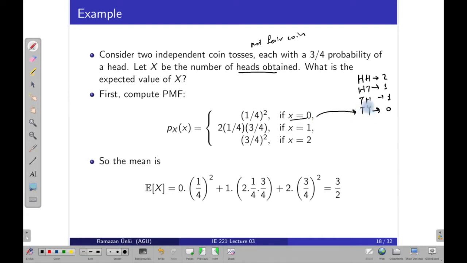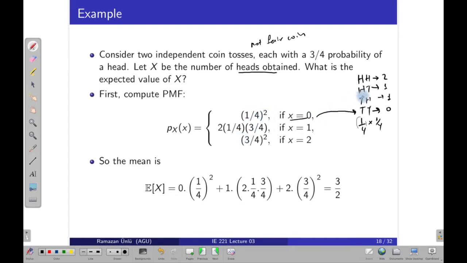And the probability of this subset is simply 1/4 times 1/4, right? This is the probability of getting tails for the first coin, and this is the probability of getting tails for the second coin. Because these are independent events, we can simply multiply these two distinct probabilities. So that's why the probability of x equal to 0 is (1/4) squared.